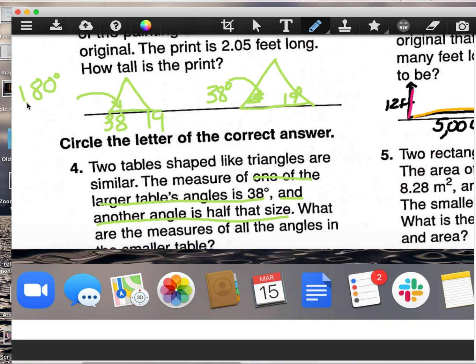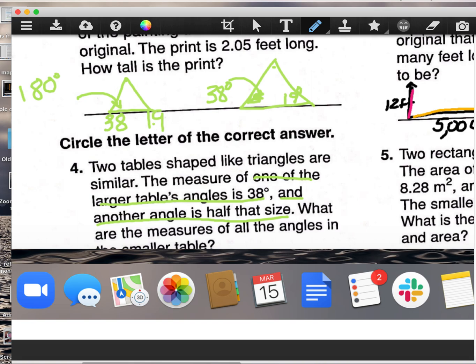So I know this one plus this one plus this one's going to be 180, and this has got to be the same because the angles are going to be the same. Then I just have to add up 38 plus 19, and you can do that on your calculator really quick. So 19 plus 38 equals 57.